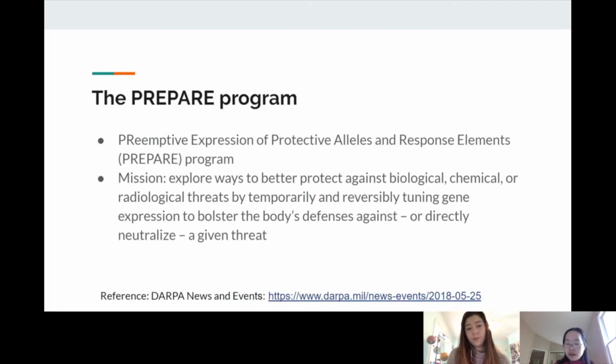The specific program that I'll be talking about is the PREPARE program. PREPARE stands for Preemptive Expression of Protective Allele and Response Elements. Basically their mission is to explore ways to better protect against biological, chemical, or radiological threats by temporarily and reversibly tuning gene expression to bolster the body's defenses against or directly neutralize a given threat.